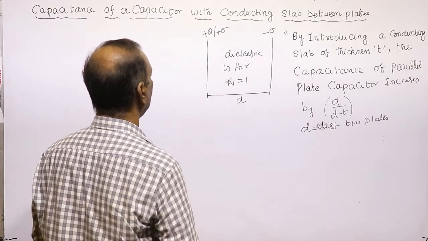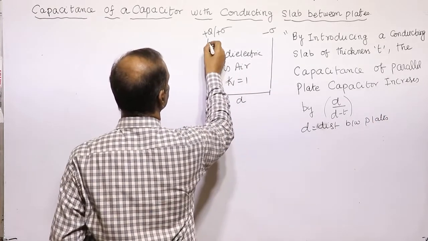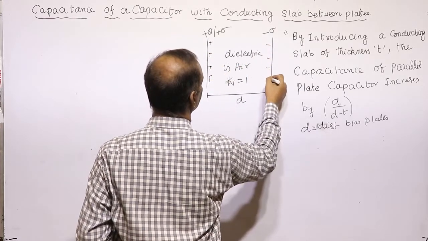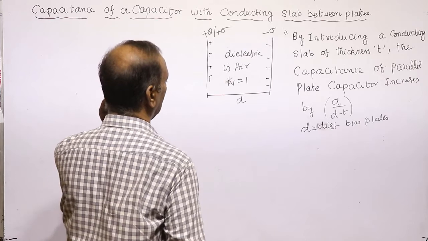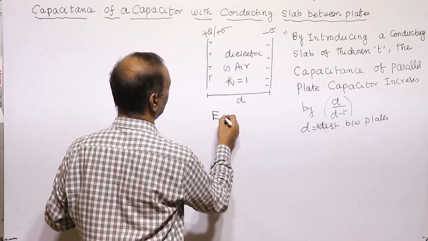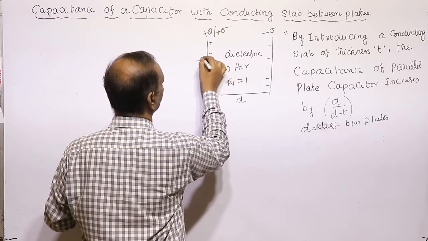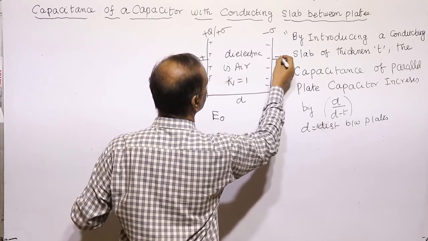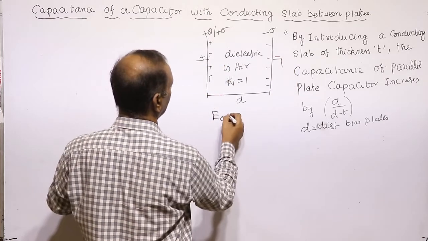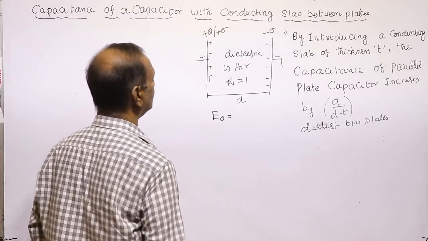We know that the plus charge will be here, the minus charge will be here, and there is an electric field, the applied electric field. When we apply an electric field here, this is the applied electric field. What is the applied electric field?